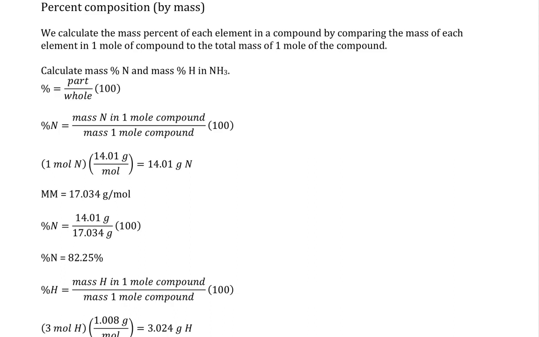The molar mass from above is 17.034 grams per mole. So that's the whole. So we take 14.01 grams divided by 17.034 grams times 100. We get the percent N to be 82.25%.